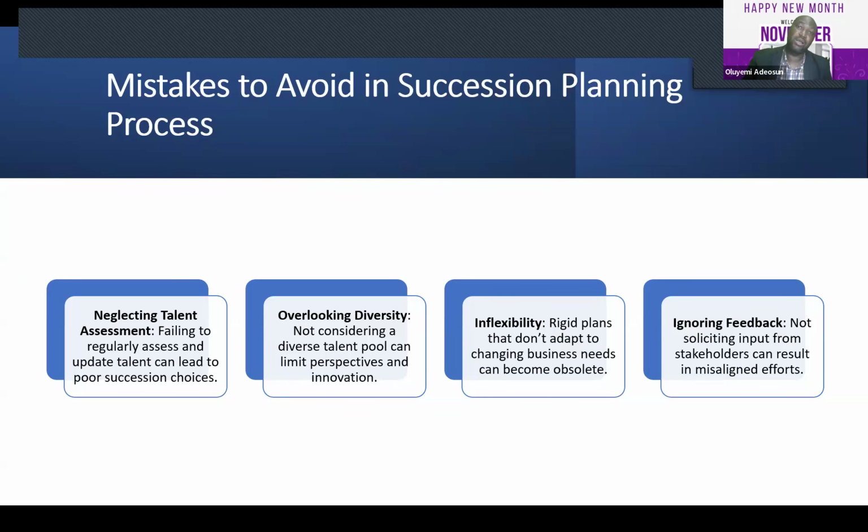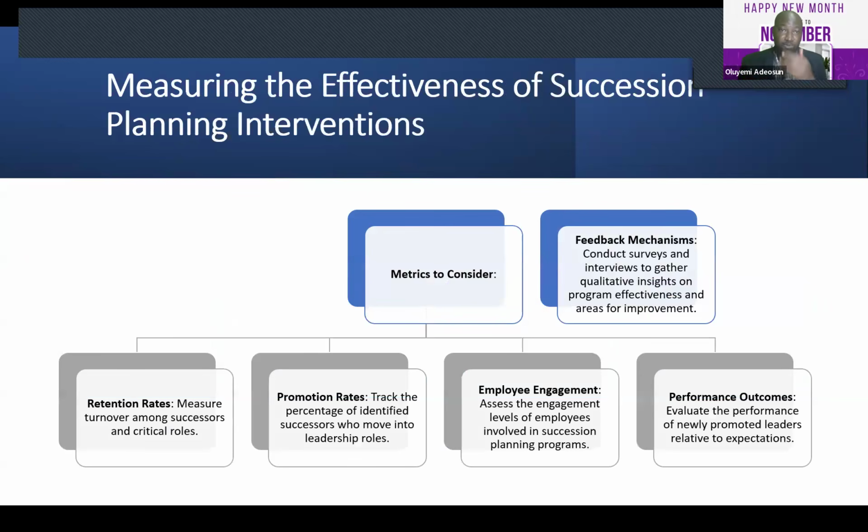And don't ignore feedback. Feedback from participants, employees in the succession plan, feedback from mentors, feedback from management, feedback from board, and feedback from people that are even outside the succession plan. So I think we've already spoken about measuring the effectiveness, feedback mechanisms, surveys, interviews, gather both qualitative and quantitative data.